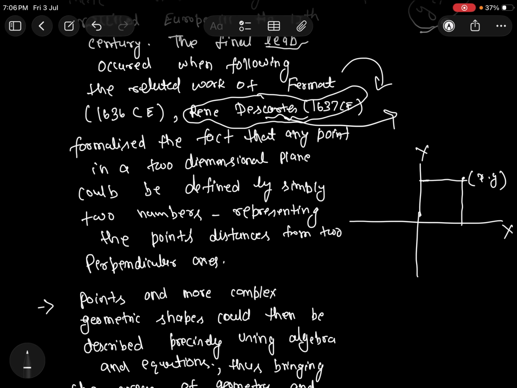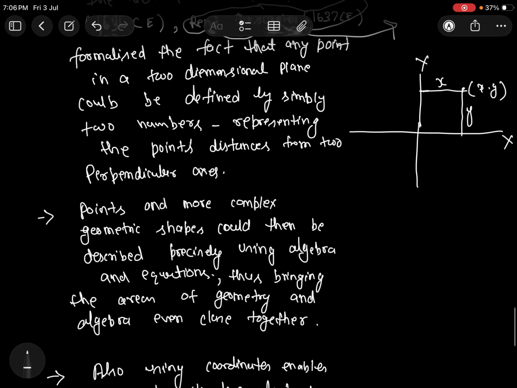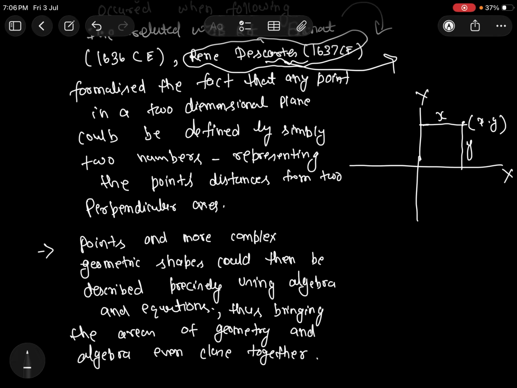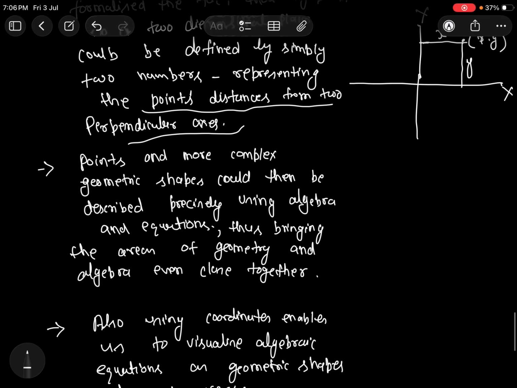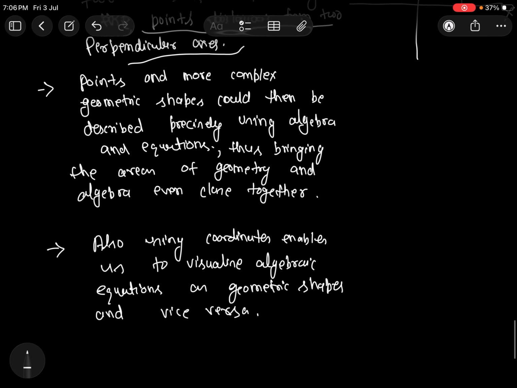So this is the distance x, this is the distance y. That is in a two-dimensional plane. He defined a point simply by two numbers representing the point's distance from two perpendicular axes. So these are the two perpendicular axes. By the use of these two axes, we can precisely define any particular point in the 2D Cartesian plane.